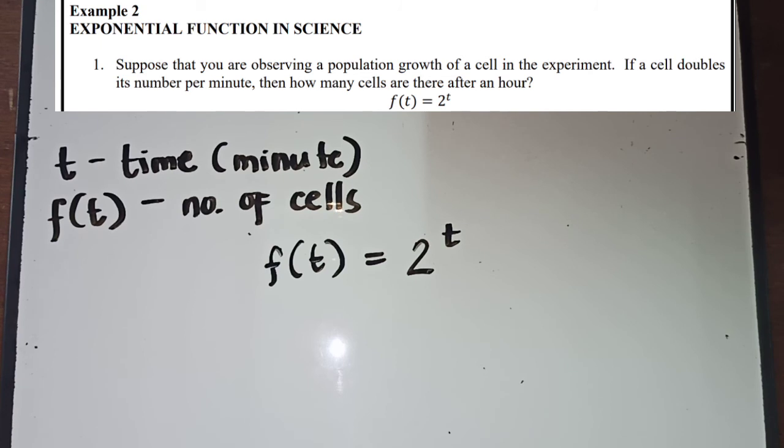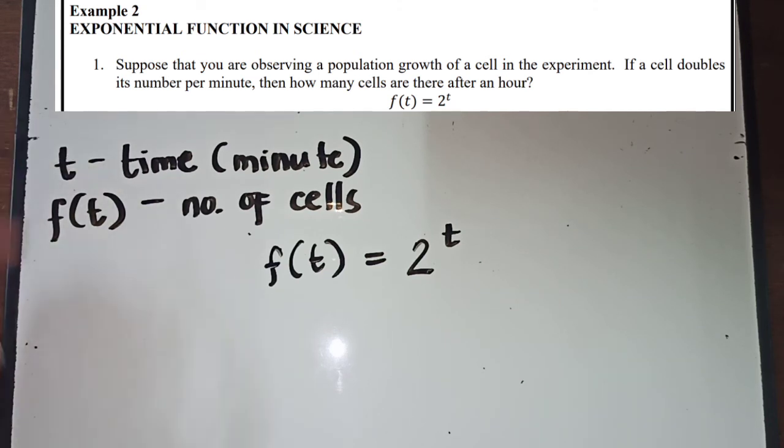Okay, so this will be the mathematical representation for the given word problem. So now, how many cells are there after an hour? Ilang cells na ba meron dito makalipas ang isang oras?